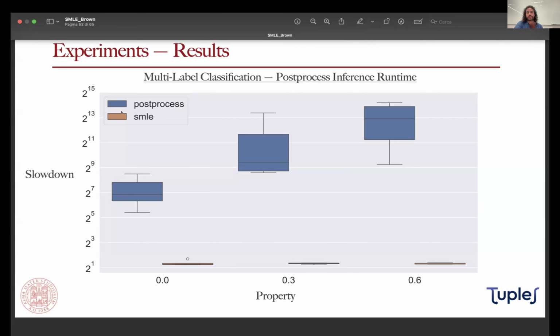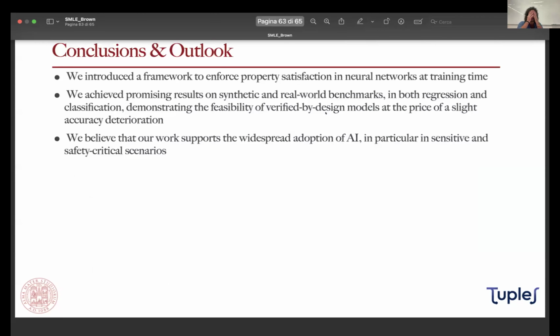But the point is that post-process, even though it is safe, requires exponential runtime, okay? So post-process is safe, but again, I wouldn't use post-process on a driverless car, okay? In a driverless car, you cannot wait this long to process an output, to react to an input, let's say, okay? So this was the last plot.